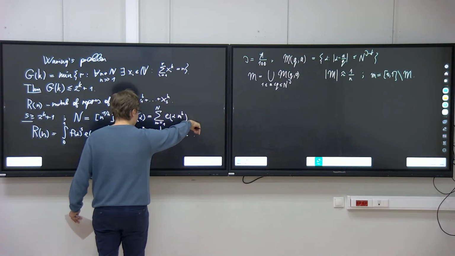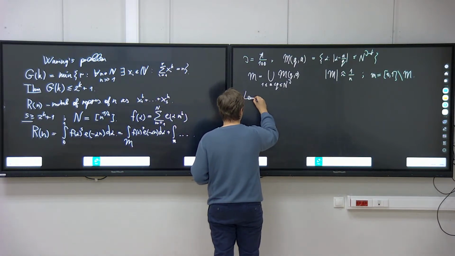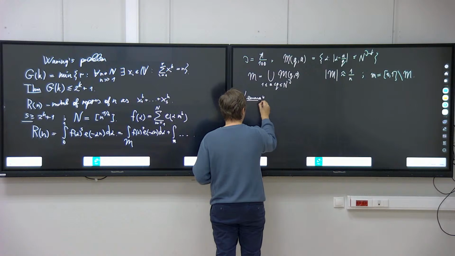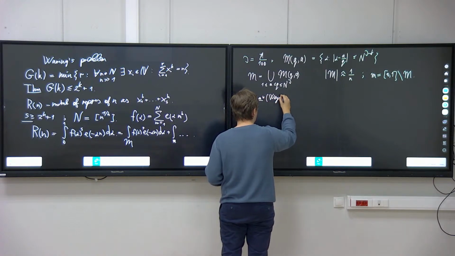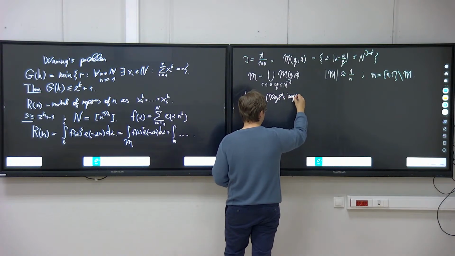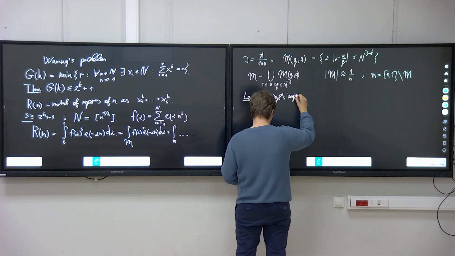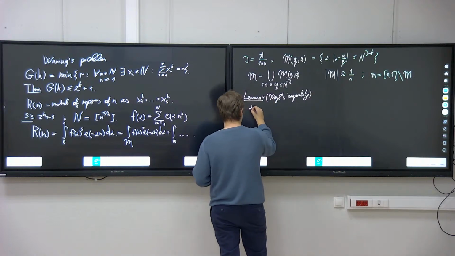And we estimated this part. So we used, let me remind you, Weyl's inequality. We will use it once again today. So let me just remind you, it was the main tool to estimate it.